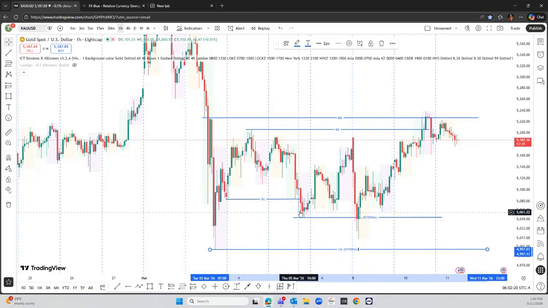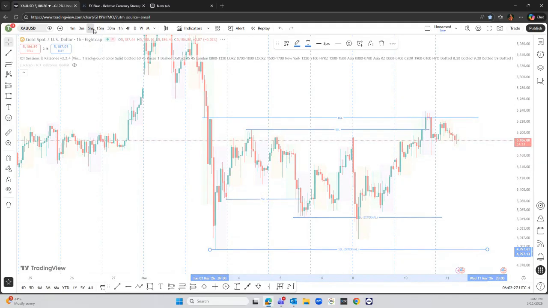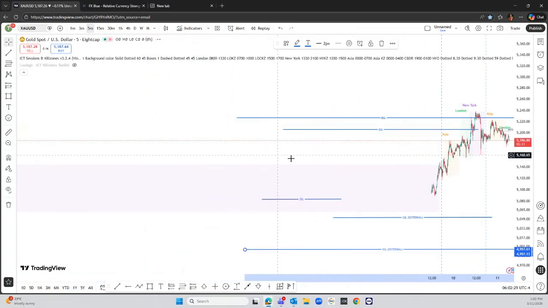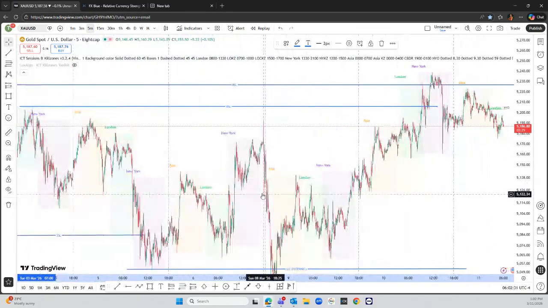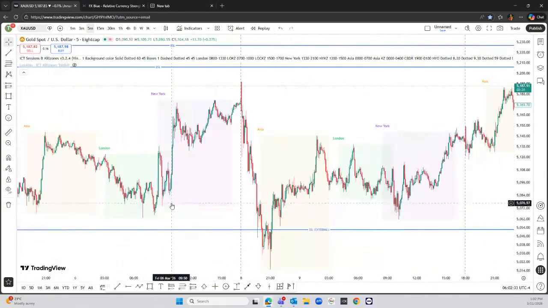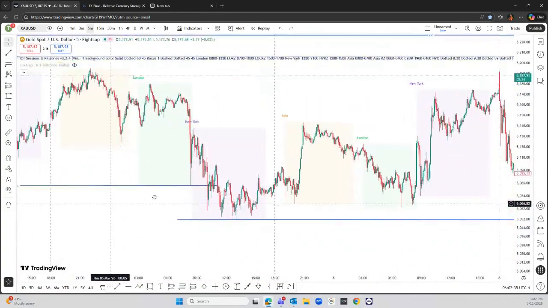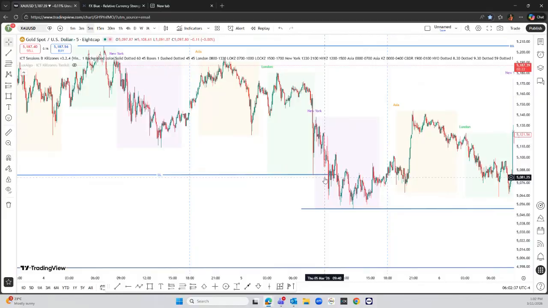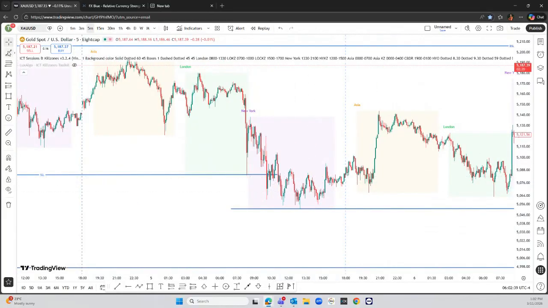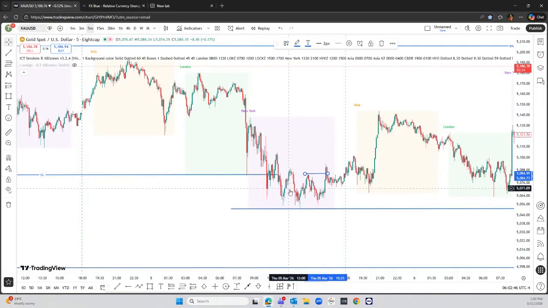Now, what you can do is go to the lower time frames, let's say the 5 minutes time frame. On the 5 minutes time frame, what we want to look at is the internal liquidity. First of all, you identify the shift in market structure which happened around this particular point after these liquidities have been taken out.